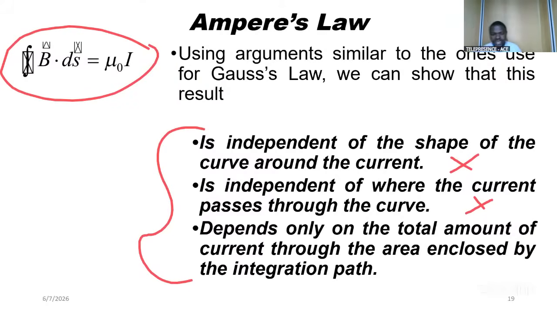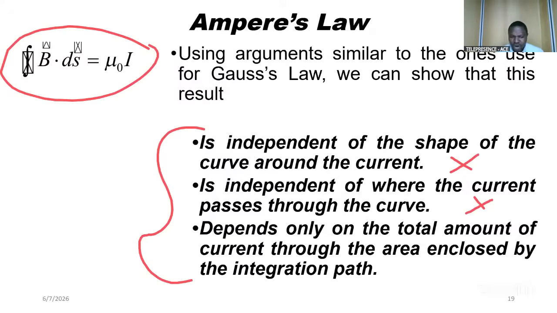The reason is that in a multiple choice question, I can give you Roman numeral 1, 2 and 3, and ask which of these are correct, and I will mix the correct ones with the incorrect ones. If you see that Ampere's law depends on the shape of the curve, you know that one is not correct.